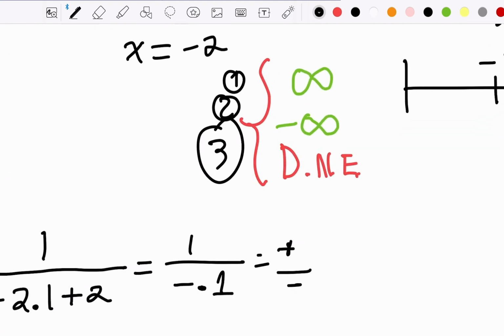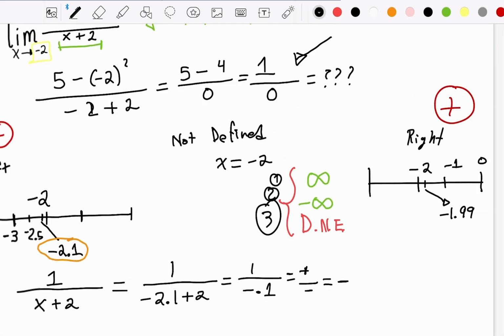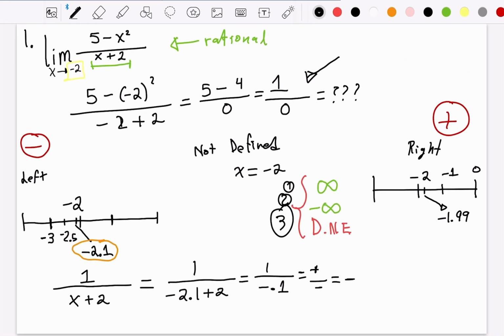Positive over negative gives me a negative number. So, from the left side, what this negative is telling me is that I choose negative infinity here. From the left side, I am approaching negative infinity.